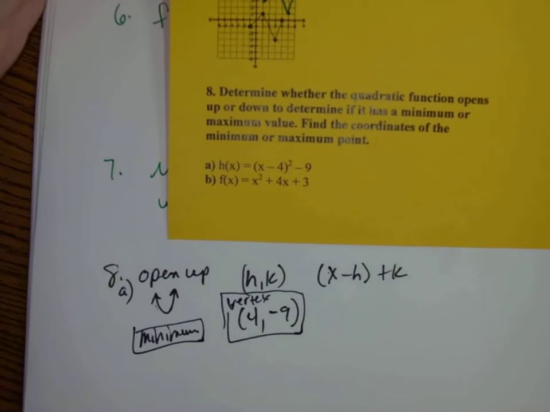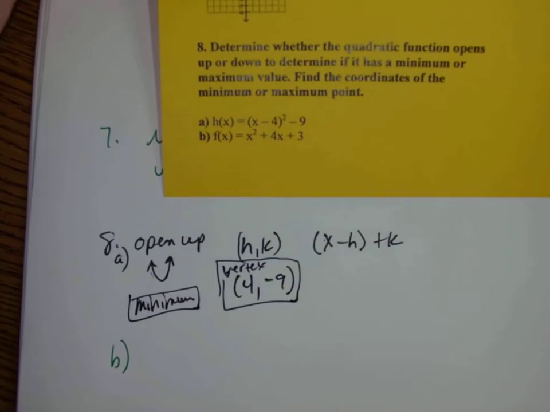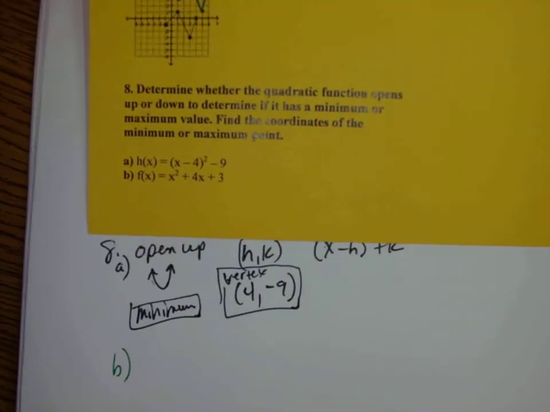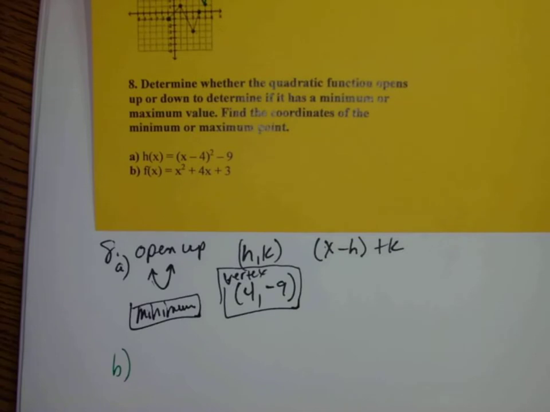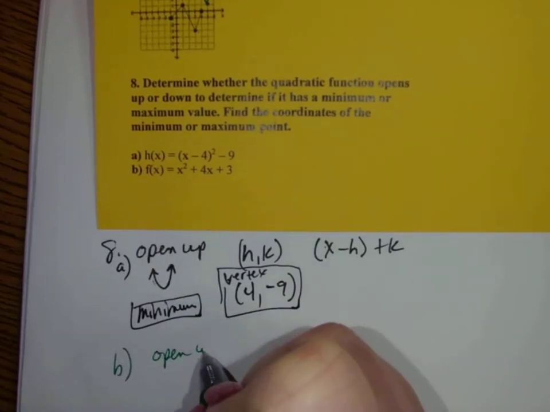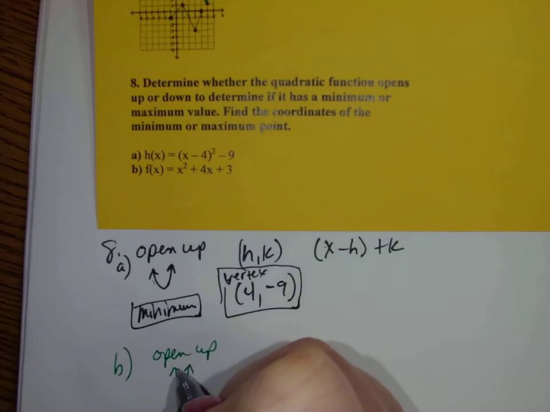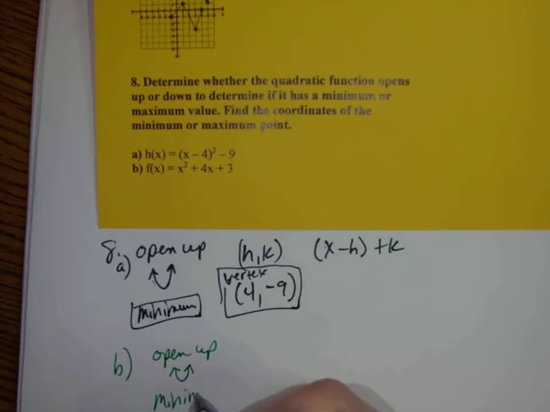Now on part B, we have a different equation here. And our different equation won't change whether it's a max or min. Again, because it's positive and it opens up, it's still a graph that looks like this. So this will still be a min.